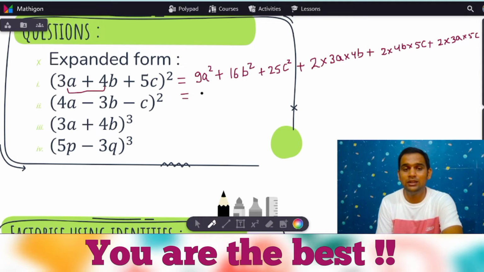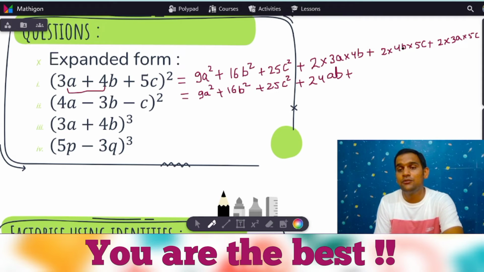We'll quickly expand it. So we get 9a squared plus 16b squared plus 25c squared. It's a little longer, but it's okay. Plus 2 times 3 is 6, 6 times 4 is 24ab. Plus, now this is b, not 46.